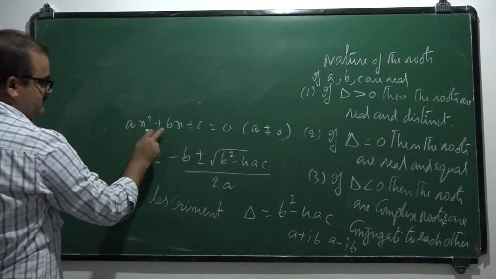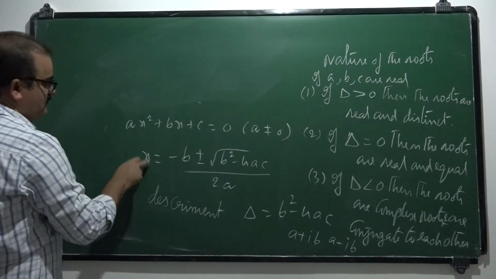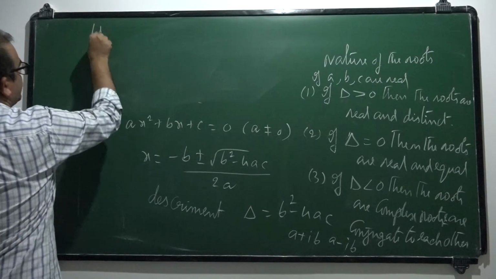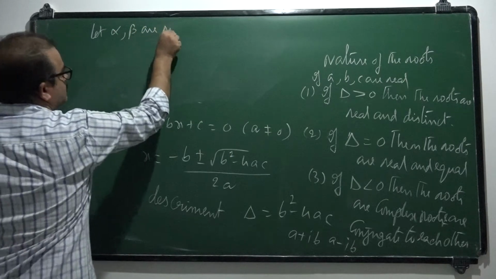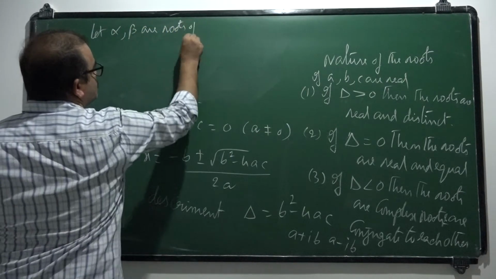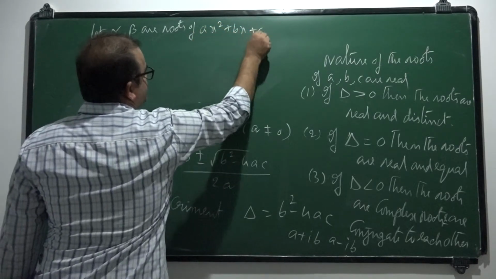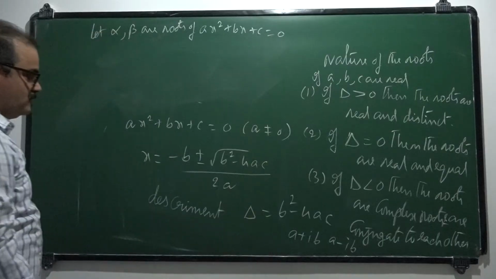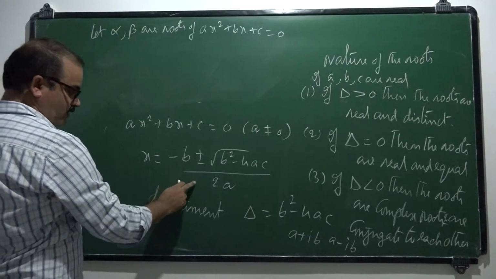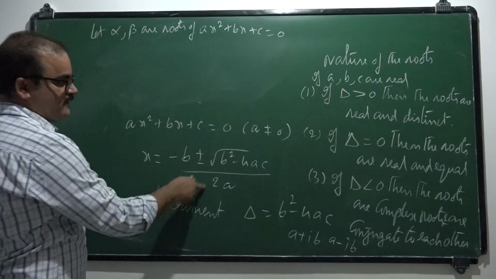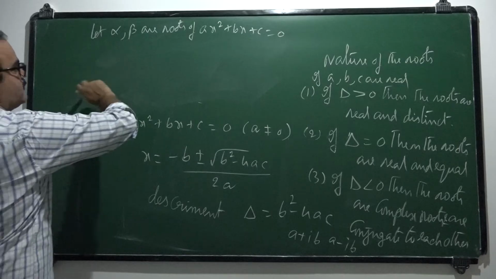To this equation ax square plus bx plus c is equal to 0, there are two roots. Let the roots be alpha and beta. Let alpha, beta be roots of ax square plus bx plus c is equal to 0.